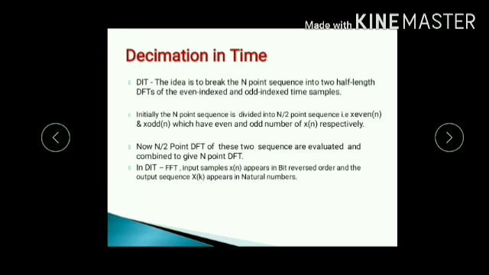So the same equation is transformed into an algorithm by using FFT, that is fast Fourier transform. Now in DIT FFT, the input samples x of n appear in bit reverse order and the output sequence X of k appears in natural order. Right? Next.